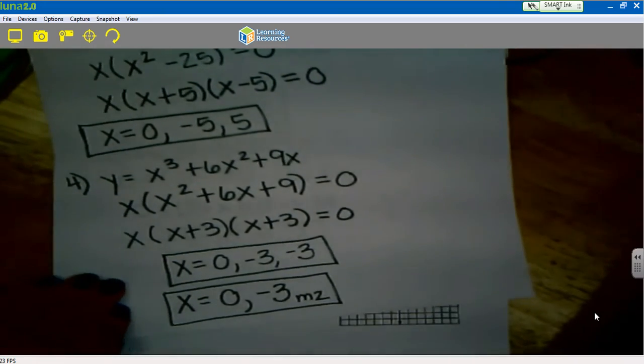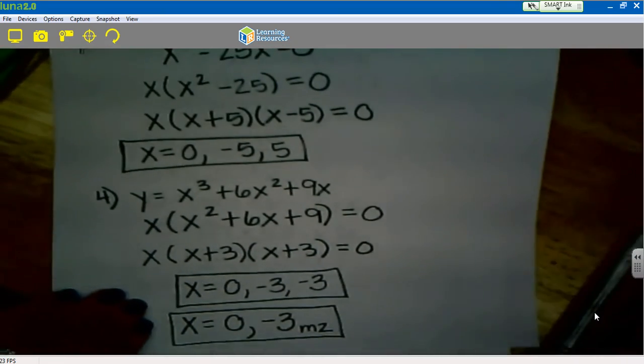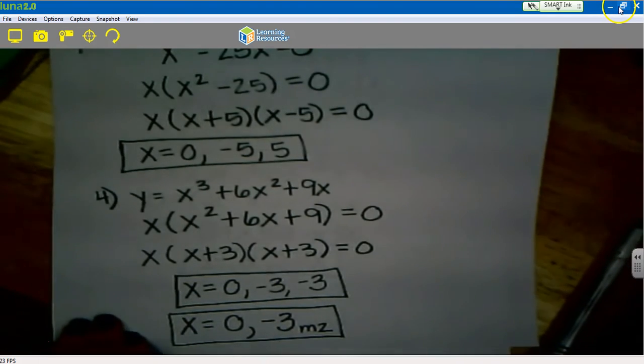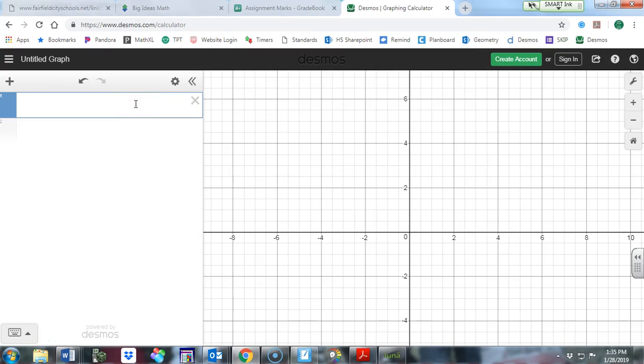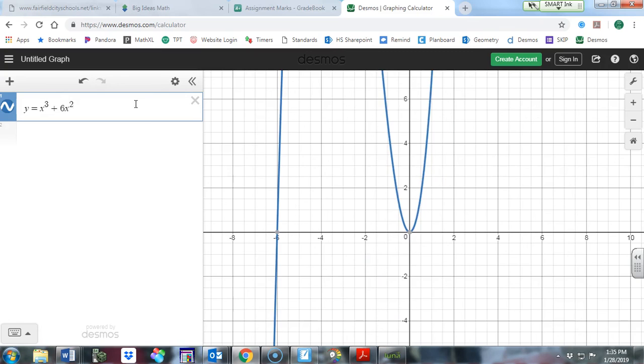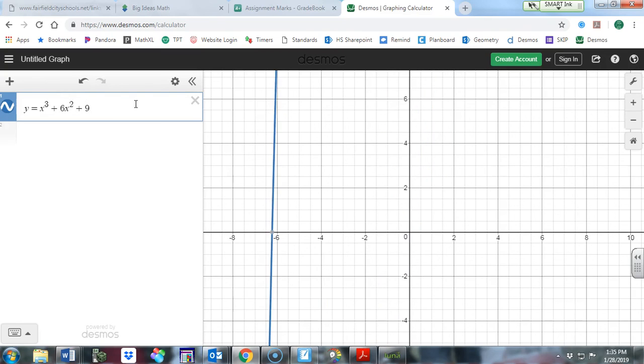How can you check your work? Well, you can go back into Desmos. Let's just take a look at this last one we did. We had y equals x to the third plus 6x squared plus 9x.